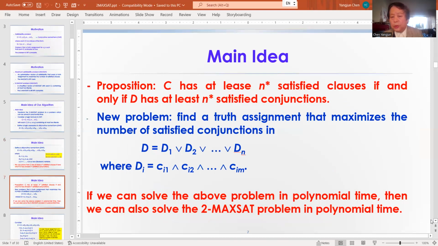Then we have a new problem: to find a truth assignment that maximizes the number of satisfied conjunctions in this logical formula, where each di is a conjunction. Then we can prove that if we can solve the above problem in polynomial time, then we can also solve the two-mass sort problem in polynomial time.